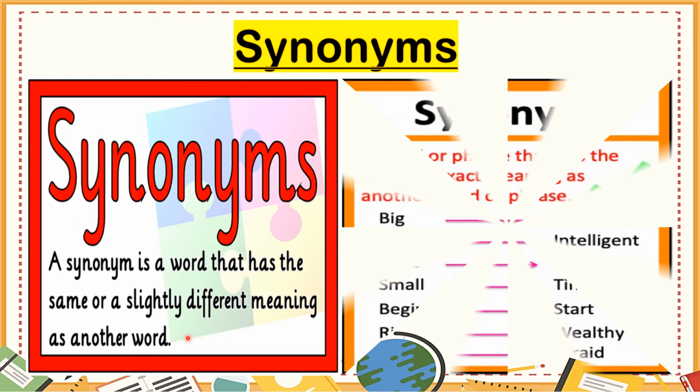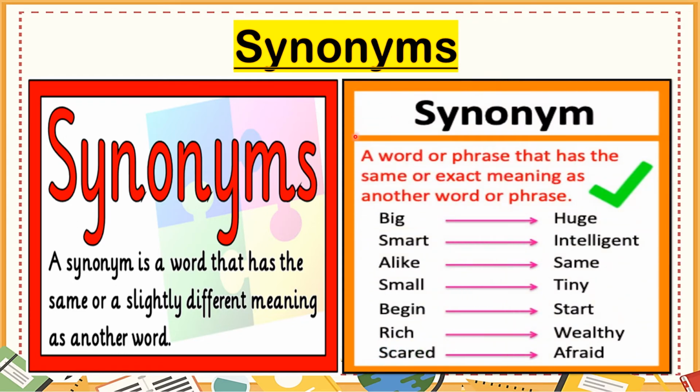Synonym is a word or phrase that has the same or exact meaning as another word or phrase. Examples are big, huge, smart, intelligent, alike, same, small, tiny, begin, start, rich, wealthy, scared, afraid.